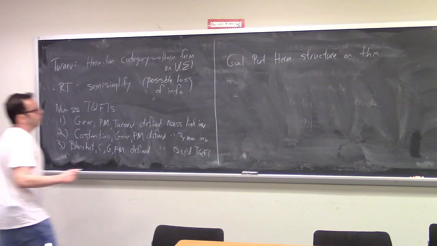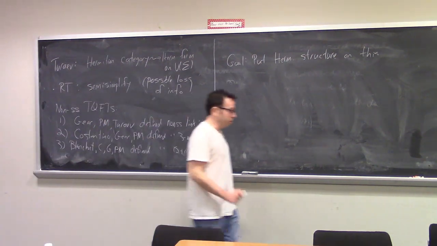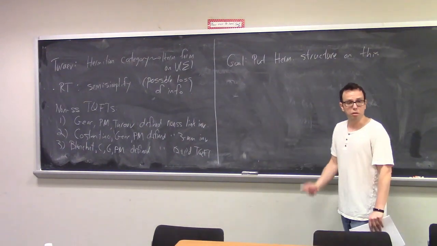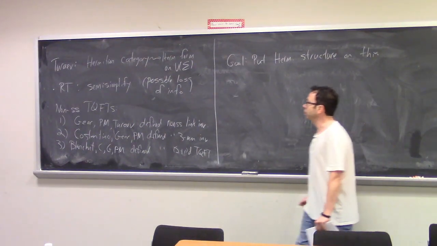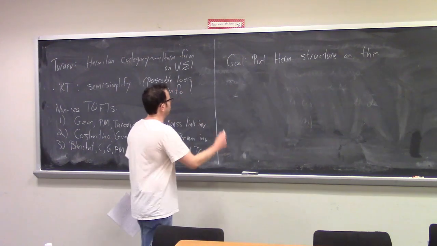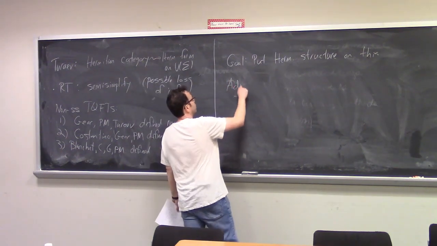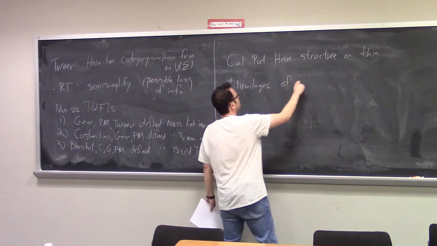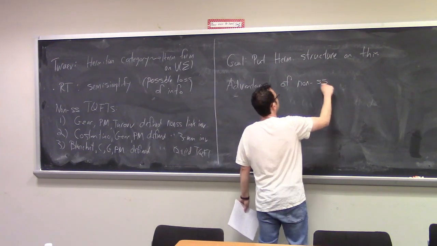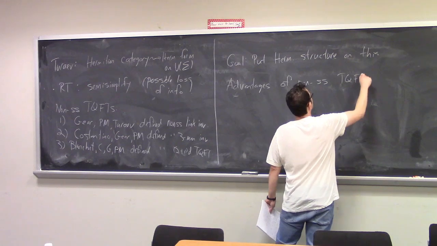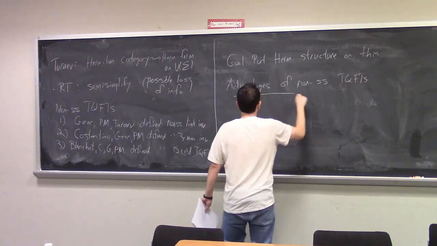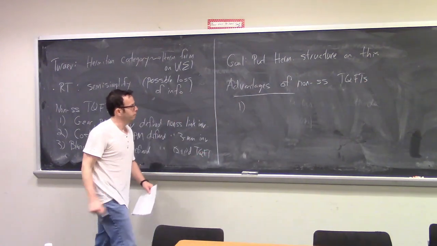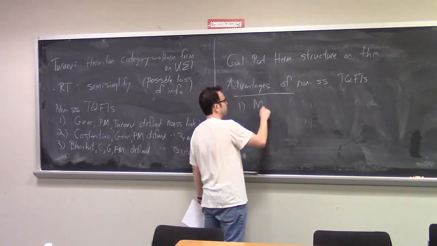Okay, and so maybe just quickly, to speak to people's intuition that this is more powerful, there are advantages to non-semisimple TQFTs. The first one is general: there's more flexibility.